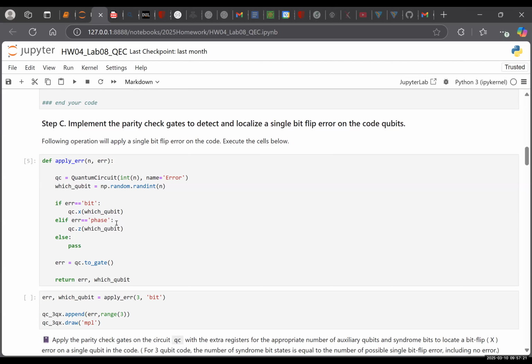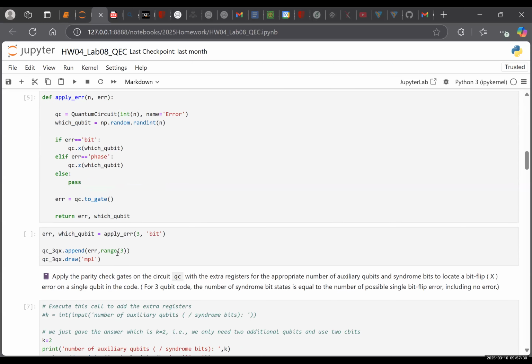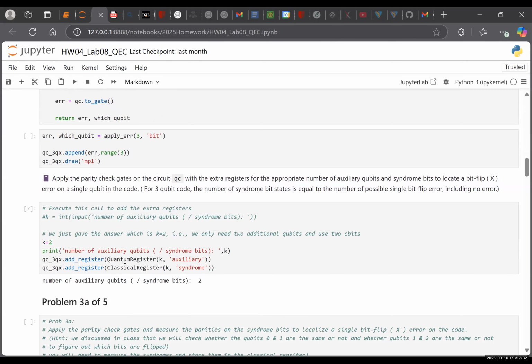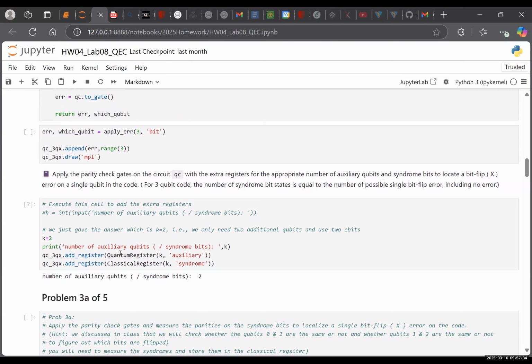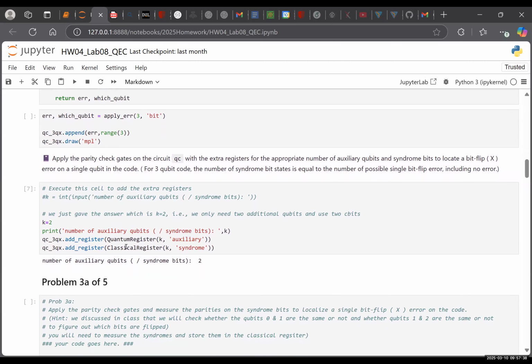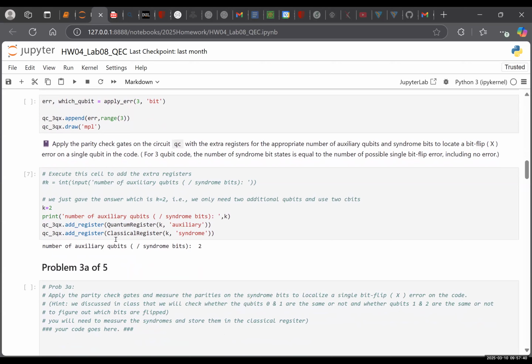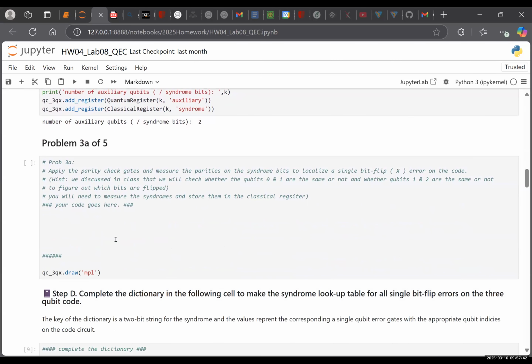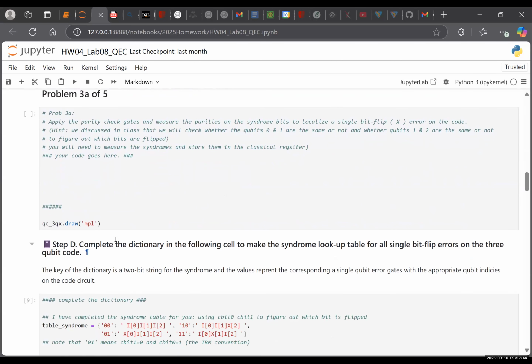Okay, so this is which qubit that you would apply, and this is generated randomly. So we apply to your qubit, then you will need to figure out which qubit was flipped. Okay, so this is just to do that, and you already worked out the detail of this.